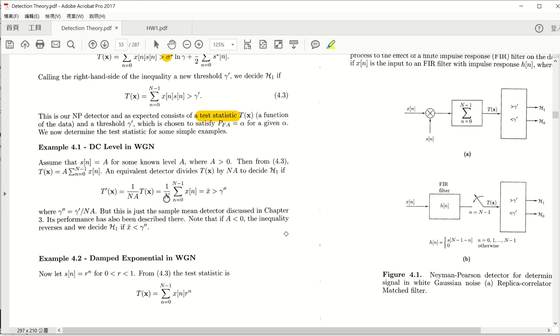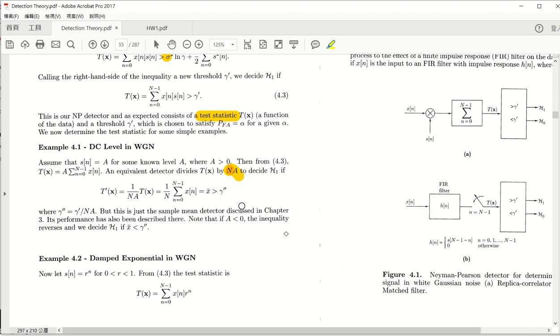But N stays. So this will become the mean of the sample, right? Mean of the samples. We're actually taking the average of the samples. The reason we can divide by NA is because N and A are all known, right?